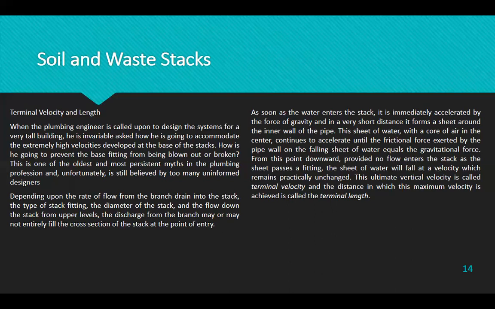From this point downward, provided no flow enters the stack as the sheet passes a fitting, the sheet of water will fall at a velocity which remains practically unchanged. Hindi na bibilis. This ultimate vertical velocity is called terminal velocity, and the distance in which this maximum velocity is achieved is called the terminal length.